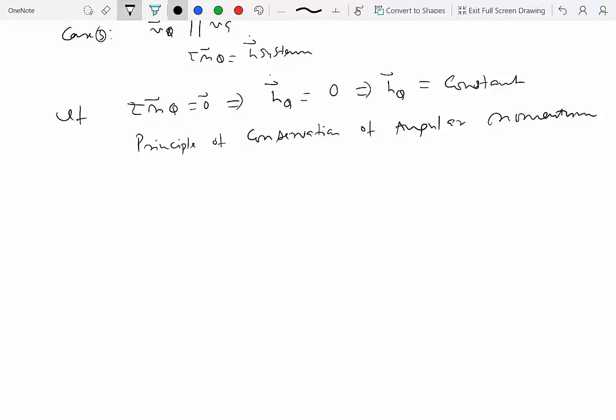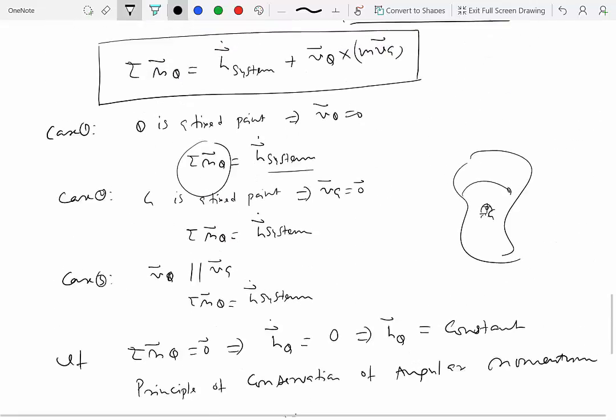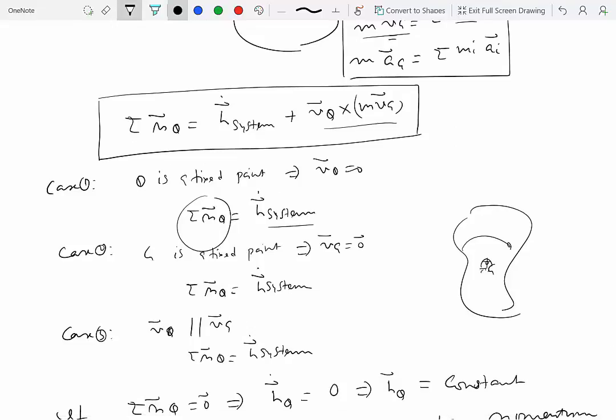Now, if sigma MQ is not equal to 0, then what do you get? We've seen that sigma MQ is equal to d over dt of HQ. And remember, this is valid for both the system as well as the particle. And of course, we are writing this equation for simplification for the case when the second term drops out, because either Q is a fixed point or G is a fixed point, or the velocities of points Q and G are parallel to each other.